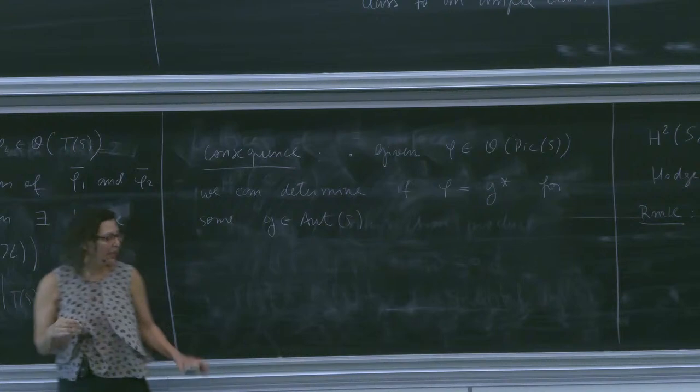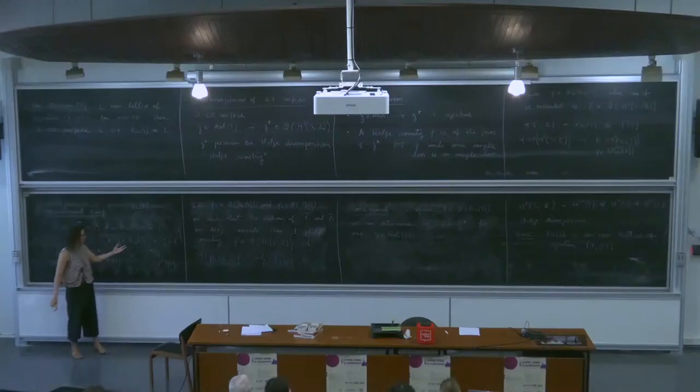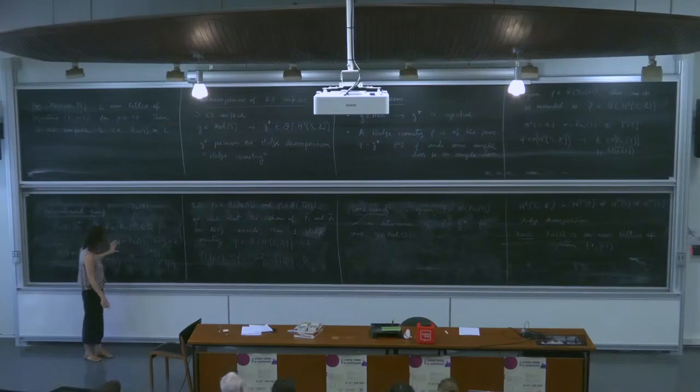But it can be induced by more than one automorphism, because we may be able to define different isometries of the transcendental lattice for which the actions agree on the discriminant.